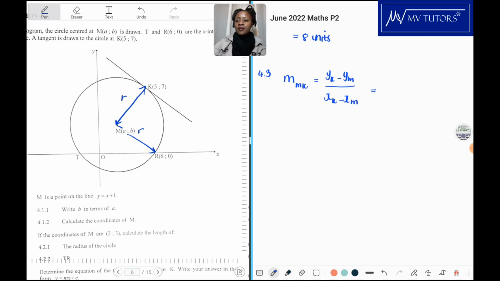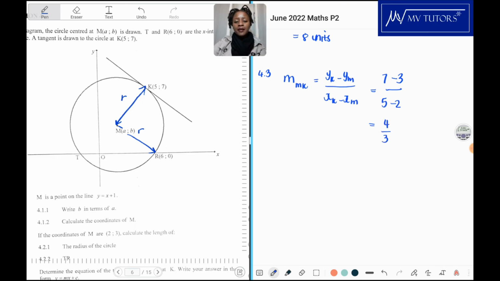Okay, the y value for K is 7. The y value for M is 3. And the x value for K is 5. The x value for M is 2. Okay, so I have 4 over 3.